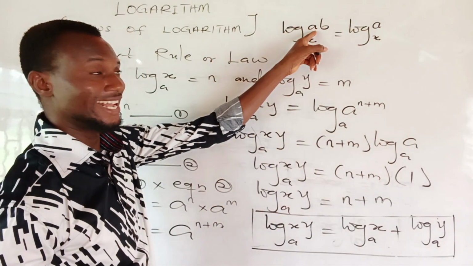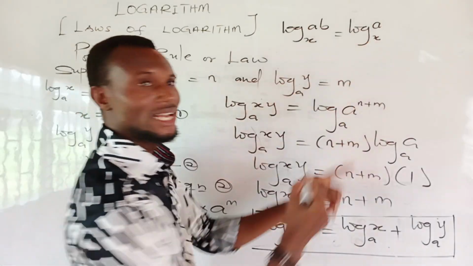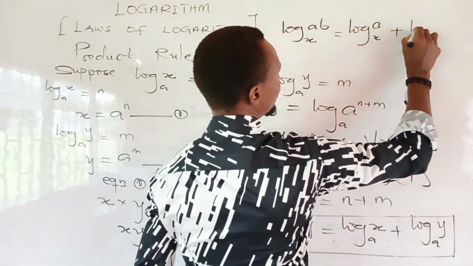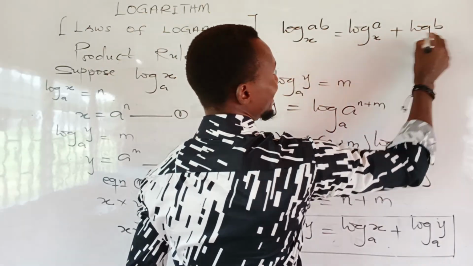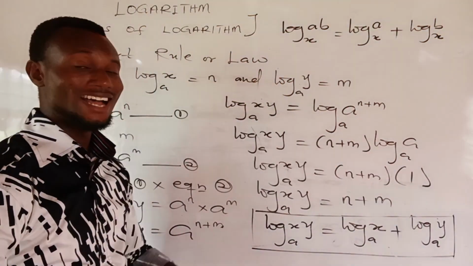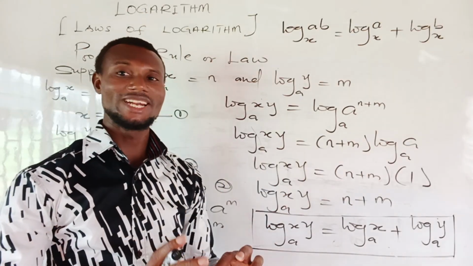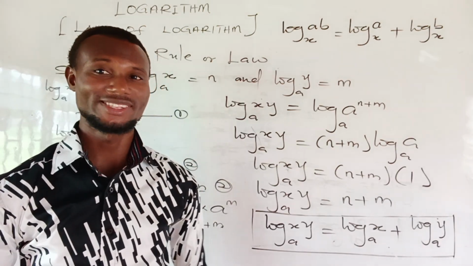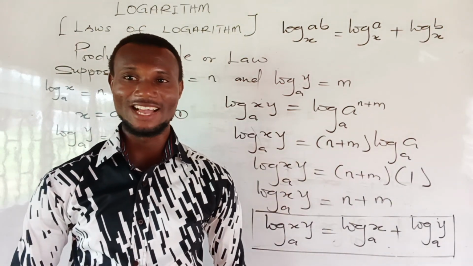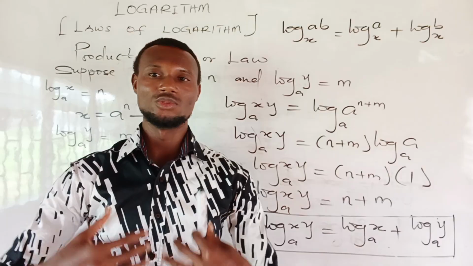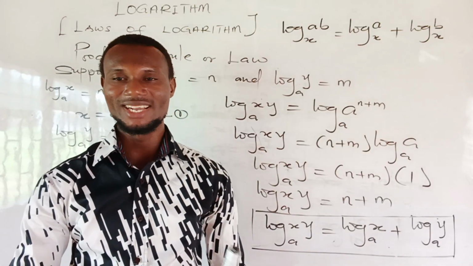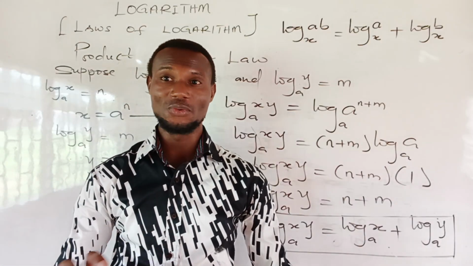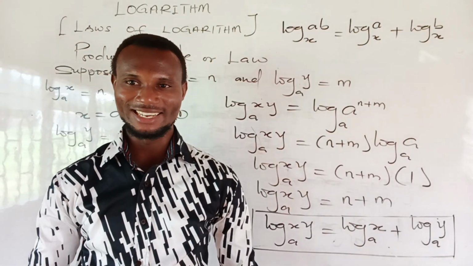So the log will affect the a, then you bring your base s, then bring your addition sign, then this same log will affect the b. So log b to that same base, which is base s. As simple as that. So that is the product rule that we've established here. I hope the explanation was clear enough and you understood it as well. We are going to use this law to solve questions. That's why it's necessary that I establish the law, so that when we begin to apply them in solving questions, you'll be able to appreciate it and understand.